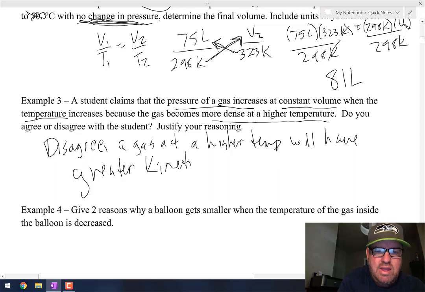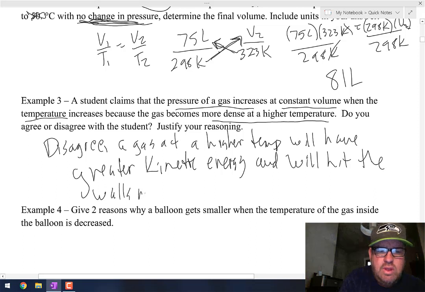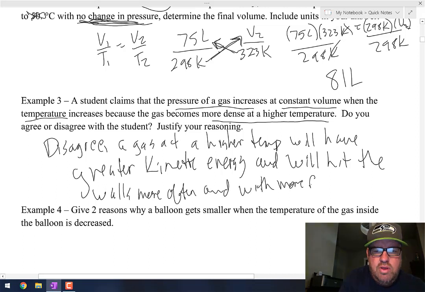Kinetic energy, and will hit the walls more often and with more force, which, and I'll just summarize here, increases the pressure.